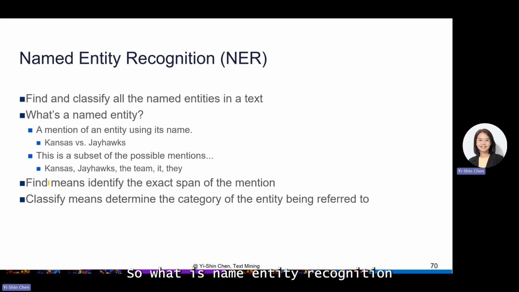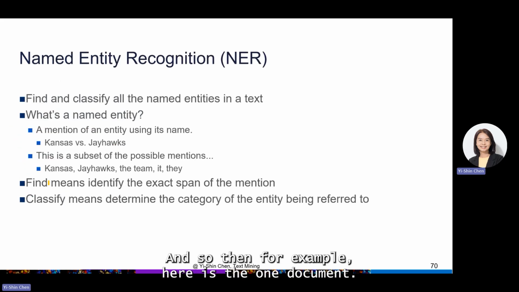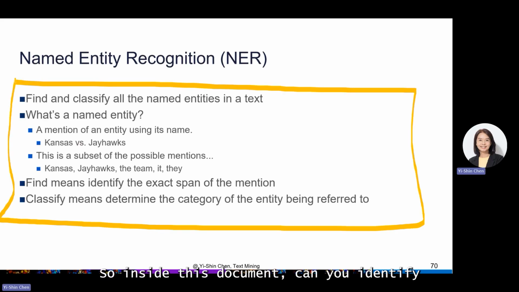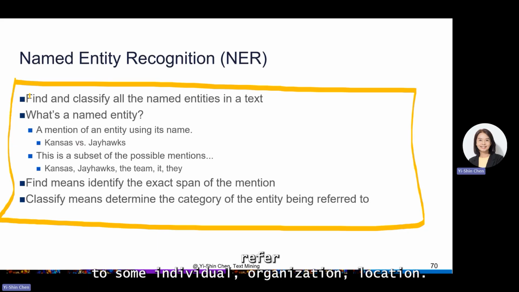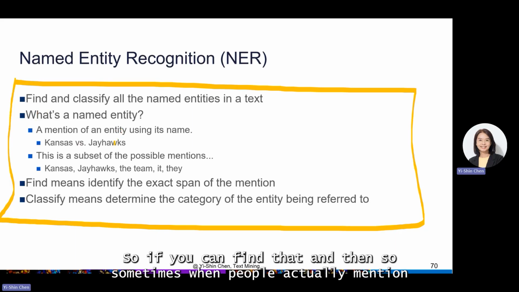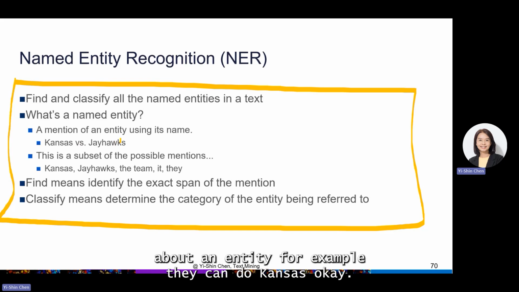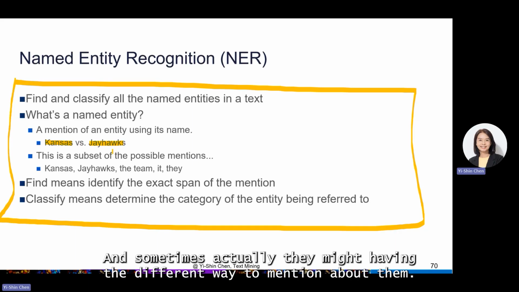So what is named entity recognition? If you have a document, inside this document, can you identify which parts refer to a named entity, such as an individual, organization, or location? Sometimes people mention an entity like Kansas, or Jayhawks, and sometimes they have different ways to mention them.